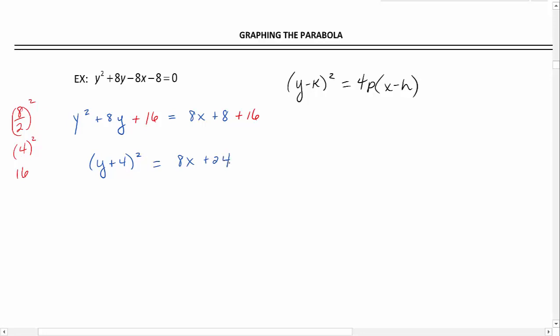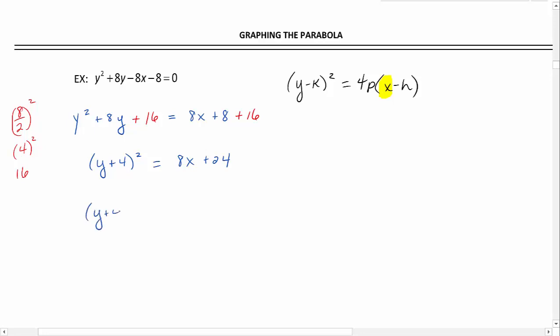I want you to notice in our standard form that it's just 1x in the parentheses. And right now what we have on the right-hand side is 8x plus 24. So to get this into our true standard form, you want to factor out whatever the coefficient of x is, or whichever variable is linear on the right.